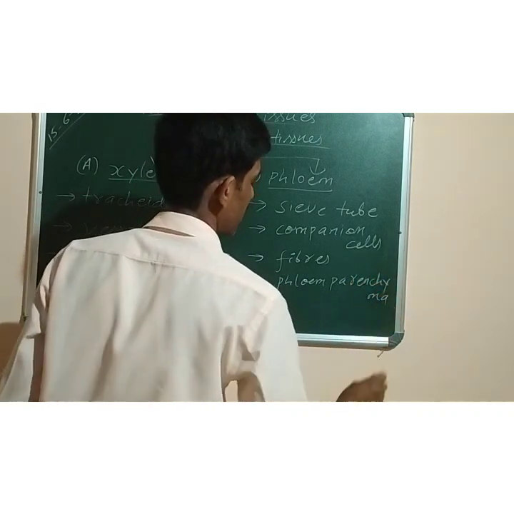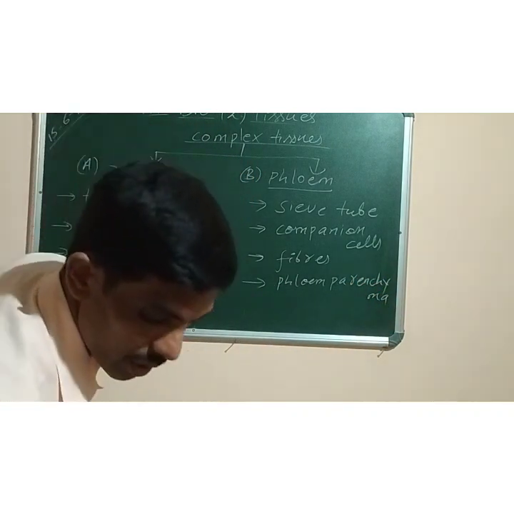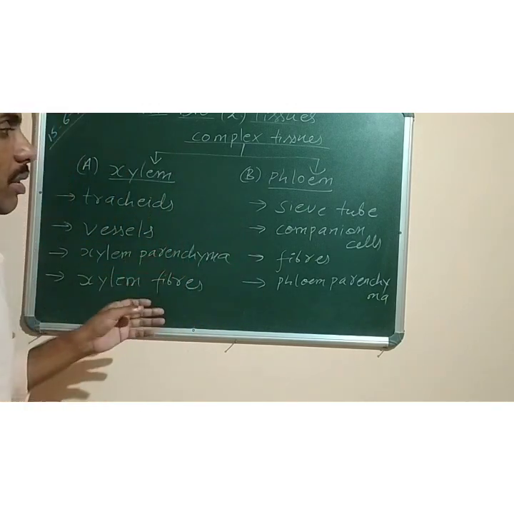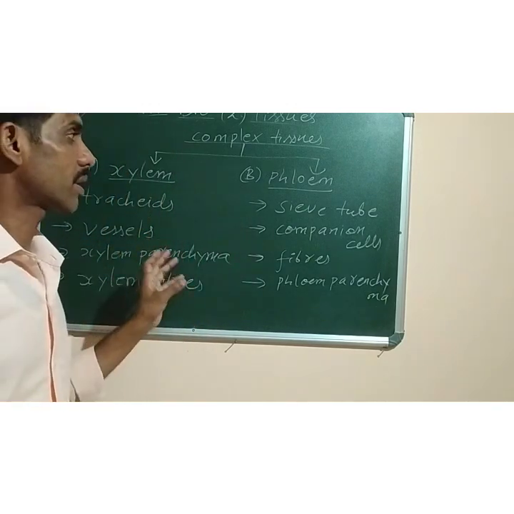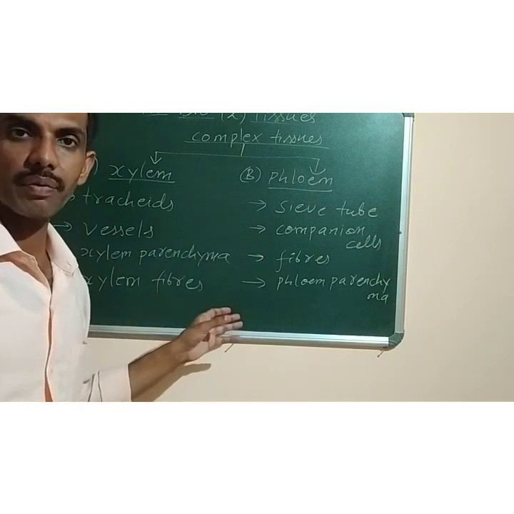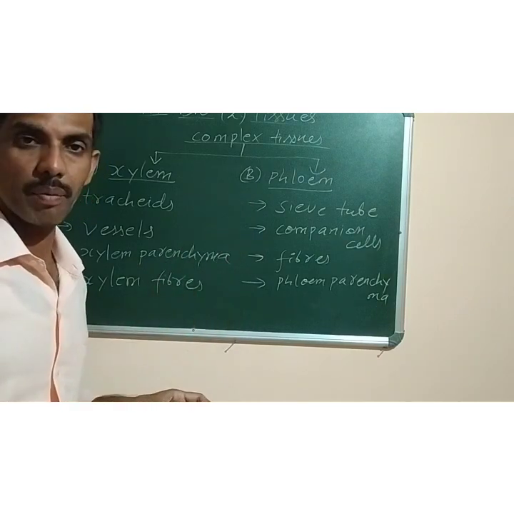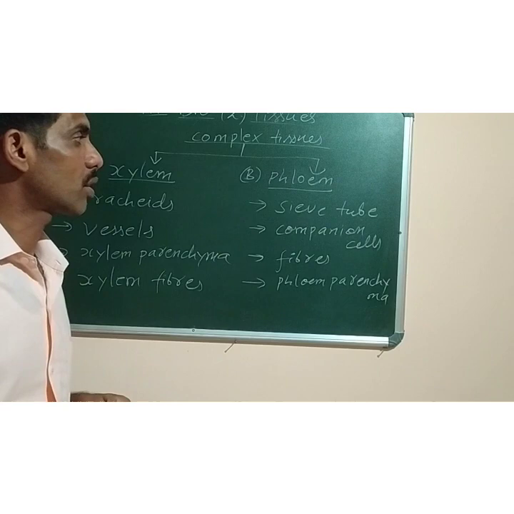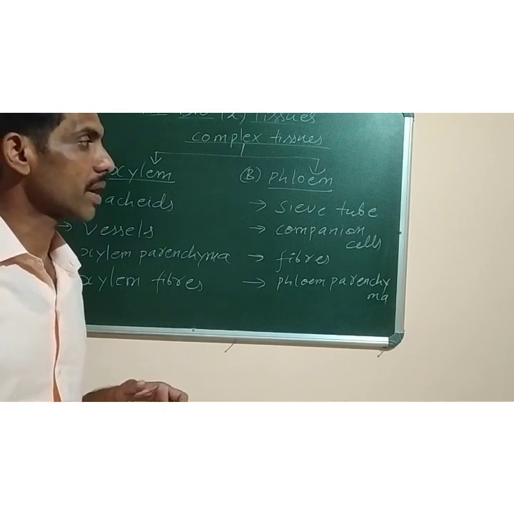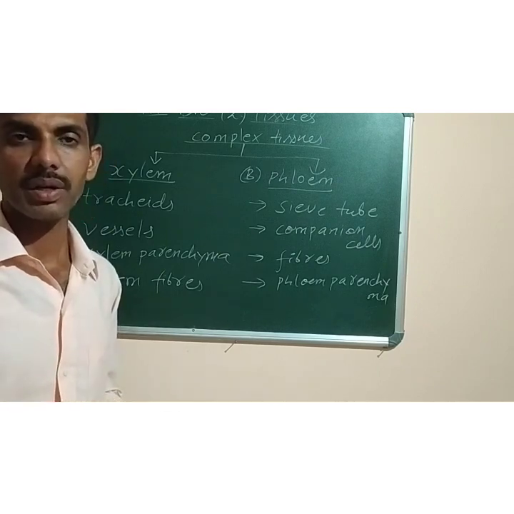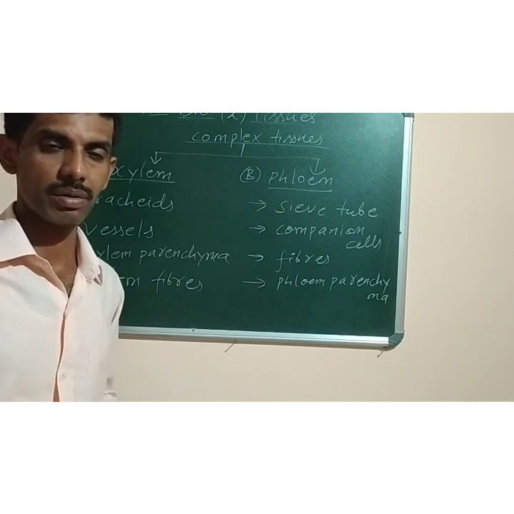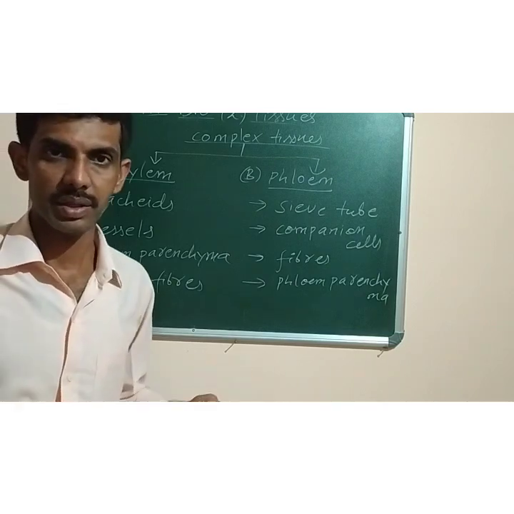Okay, phloem parenchyma. So this one also you can draw in your copy. That will be your homework, to draw the chart of complex tissue showing all the different elements of xylem and phloem. Then the second homework is to write some characteristics of collenchyma tissue and sclerenchyma tissue. So remaining we can continue in the next class. Thank you.